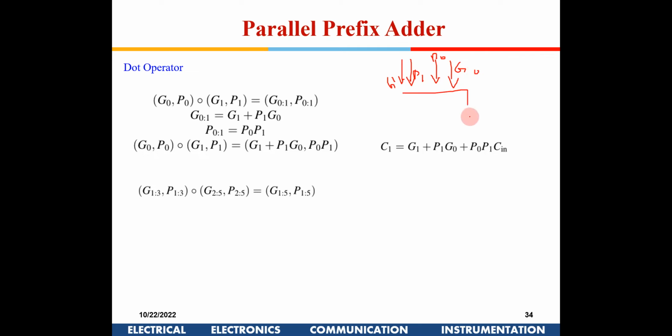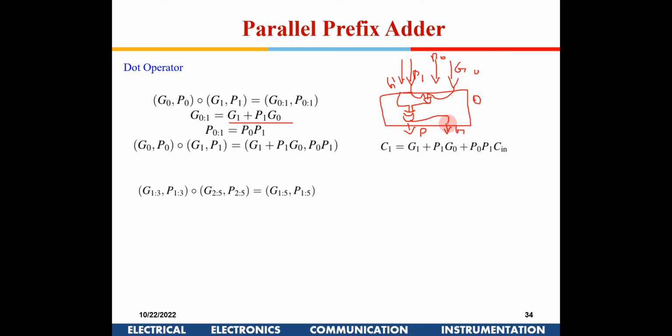This is the hardware which is known as a dot operator, and the output is G and P. How is this G generated? G will be generated by an OR gate, and then you have an AND gate with P1 and G0.